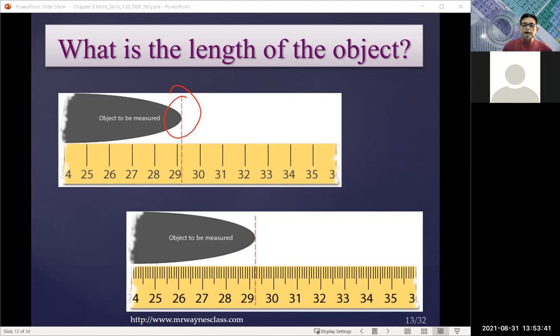Okay, we got some answers. Let me pull it up. 29.2 sounds reasonable. You can see that you're estimating that last number. So 29.2, that's as accurate as we can get to the 10th decimal place.